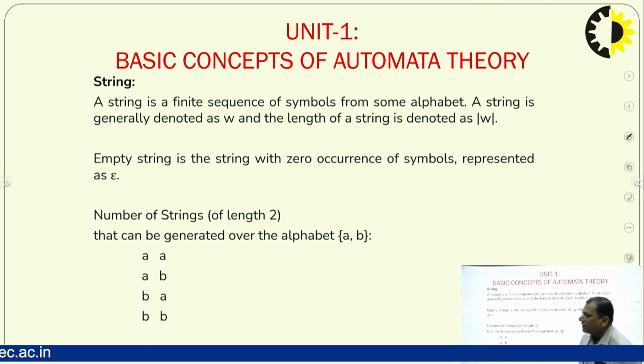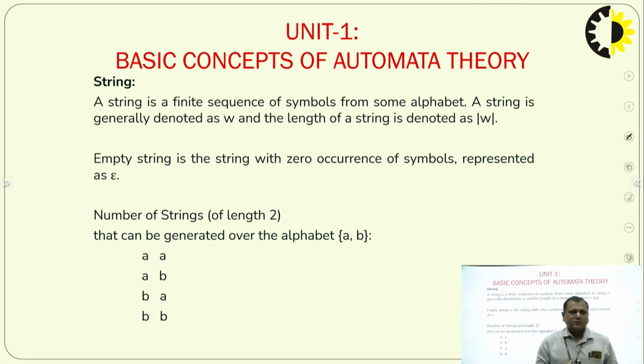Now what is a string? A string is a finite sequence of symbols for some alphabet. I am repeating again. A string is a finite sequence of symbols for some alphabet. A string is generally denoted as W. If we want to find the length of the string, we write mod of W. So if we have some string W of any length and we want to find its length, that will be represented as |W|.